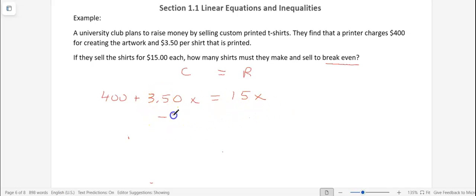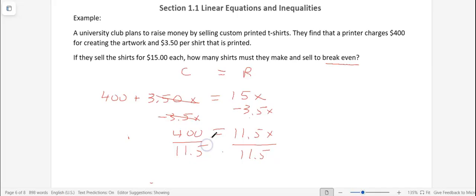Let me subtract 3.5X on this side, subtract 3.5X on this side, gone, and we have 11.5X equals 400. Divide by 11.5. And what do we get here? 400 divided by 11.5 gives us 34.78.